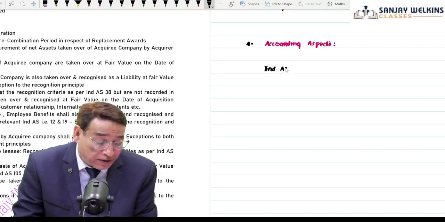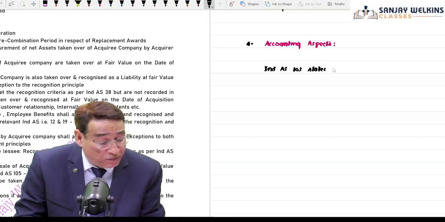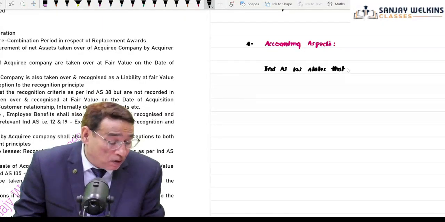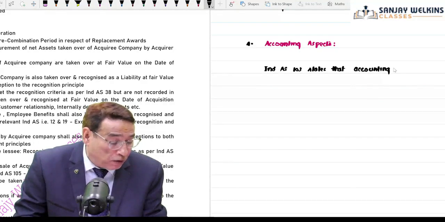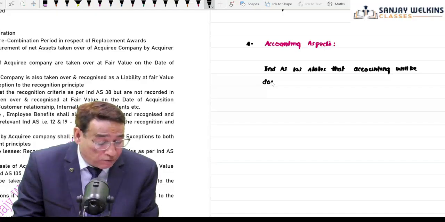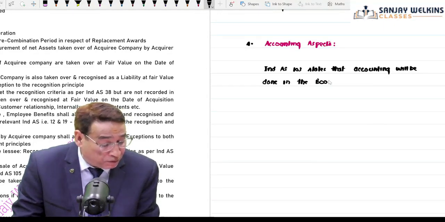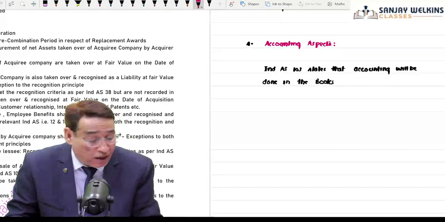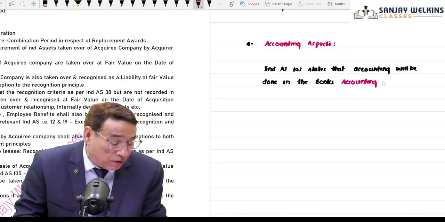Ind AS 103 states that accounting for business combination, or simply accounting, will be done in the books of the accounting acquirer, as per acquisition method. The standard says that accounting will be done in the books of accounting acquirer.